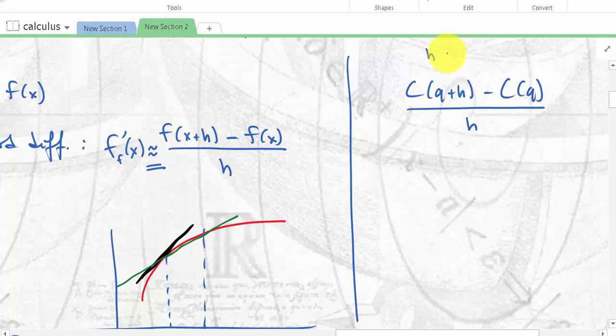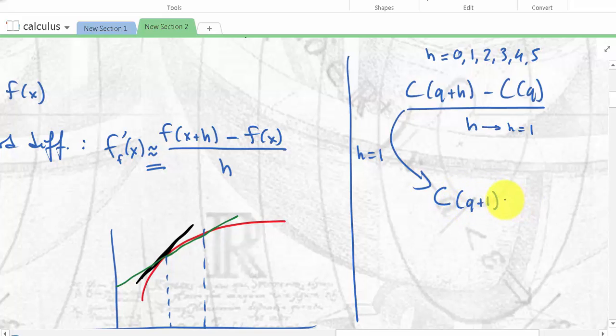You don't make 0.1 item or 0.2 item. h takes positive integer values: 1, 2, 3, 4, 5. So the smallest value for h is h equals 1.